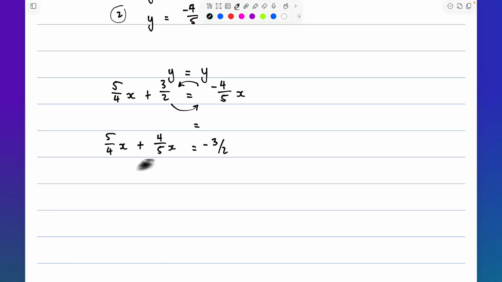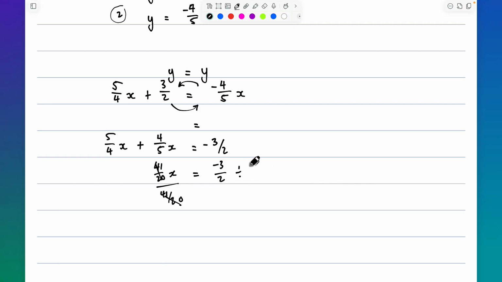So the left hand side, we're going to take 5/4x plus 4/5x, punch that into your calculator. I suspect that this is not going to be a very pretty number. 41/20. This is what I get for coming up with questions in my head. All right, cool. So divide both sides by 41/20, because remember the goal is to isolate your x.